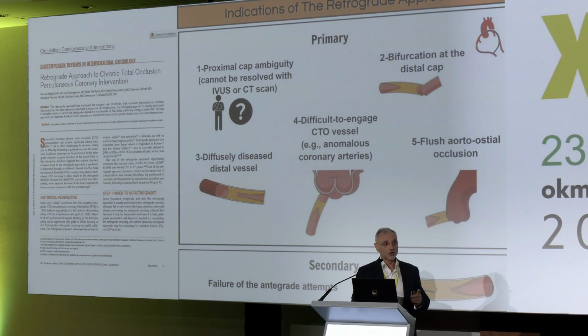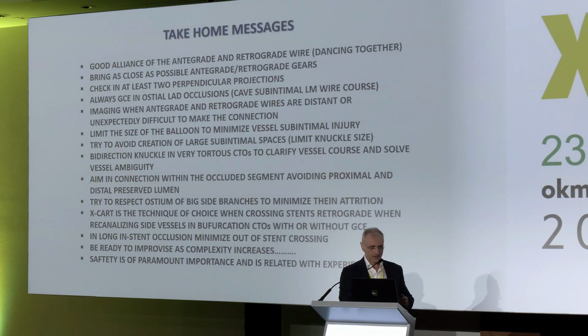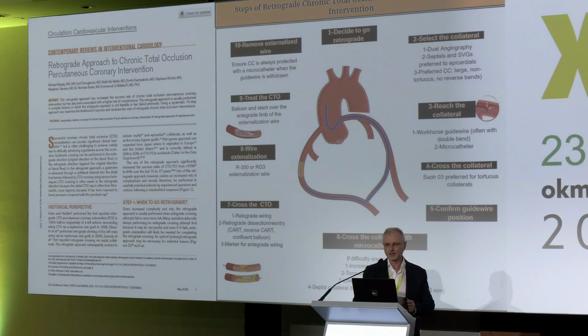And you have sustained high success rates in the most complex of the CTOs. And that's a key issue. The very experienced operator will have a sustained very high success rate in JCTO score 5, while you see less experienced CTO operators lose success rate in the very long complex cases.